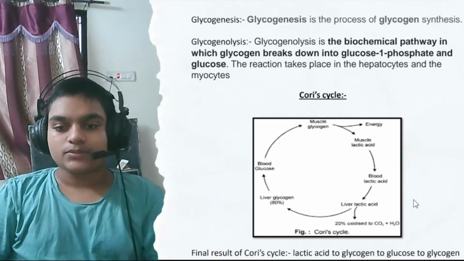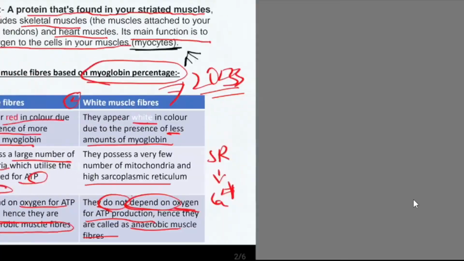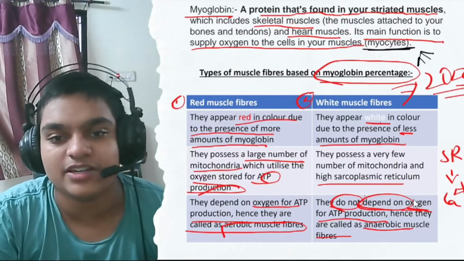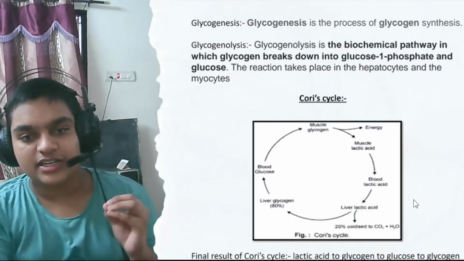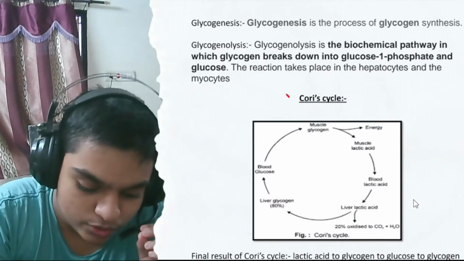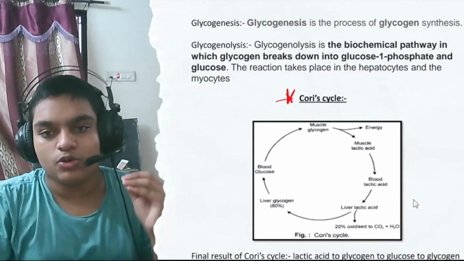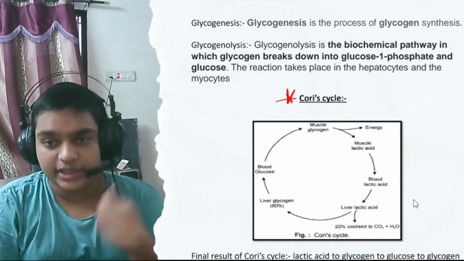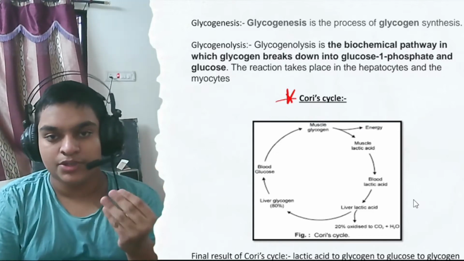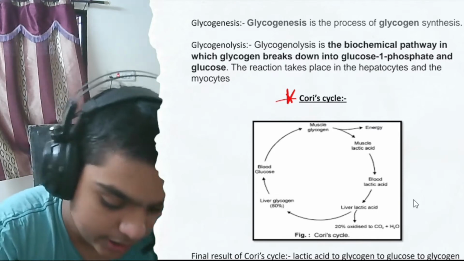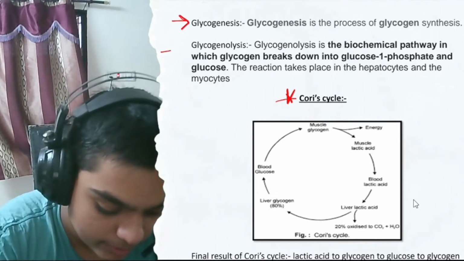Now, as we have completed these types of muscle fibers, we have to discuss an important cycle called Cori's cycle. Before getting into the cycle description, let me give you two important terms which we have to remember.